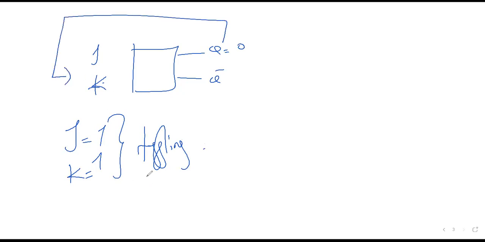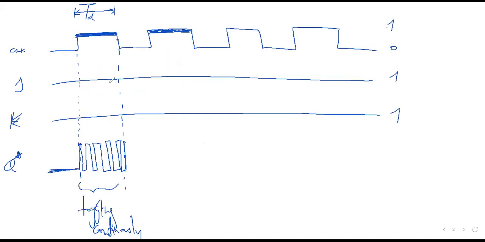Because of toggling, my next output will be 1. It is fed back, and because of toggling, my next output will be 0, then 1, 0, 1. Now, if the time of delay is far much less, I have 0, 1, 0, 1 until I'm at this point. If I'm at a 1 and my clock is equal to 0, I have the memory state.